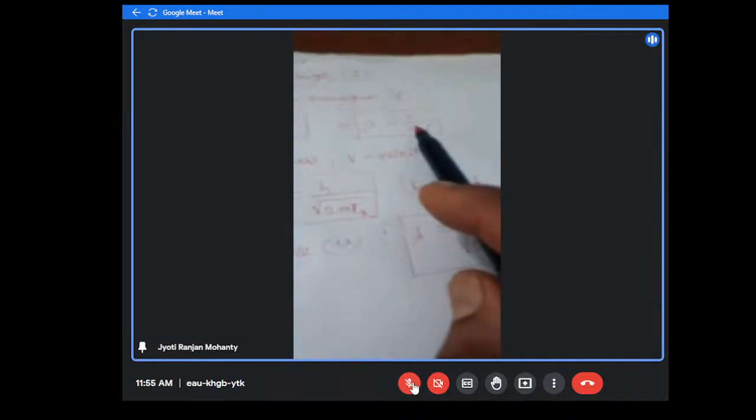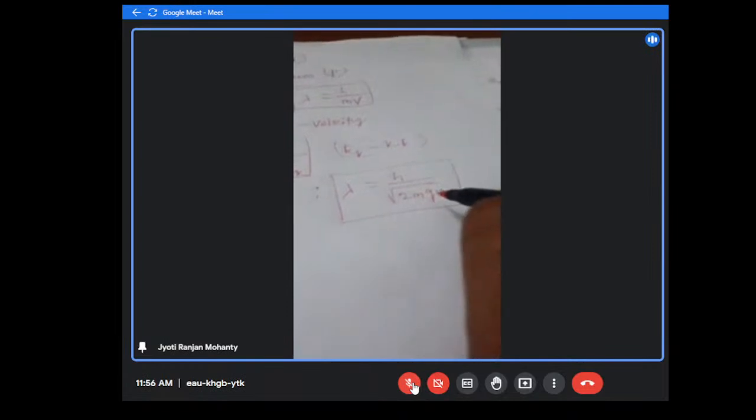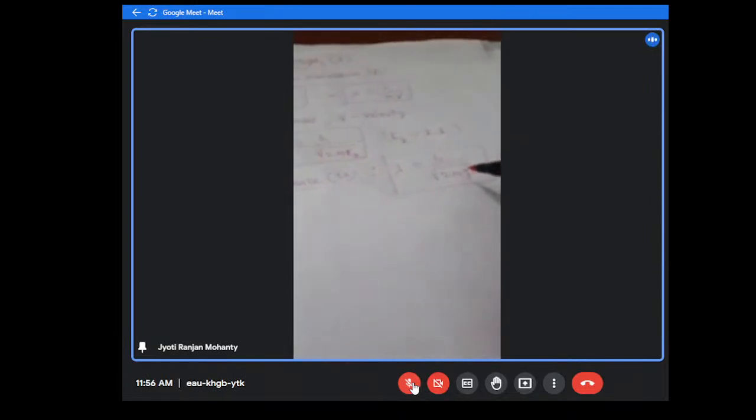I have taken capital V for velocity, here small v for potential difference. m is mass, q is the charge.